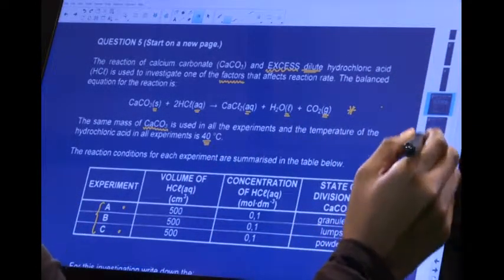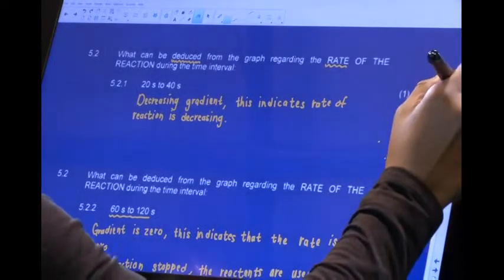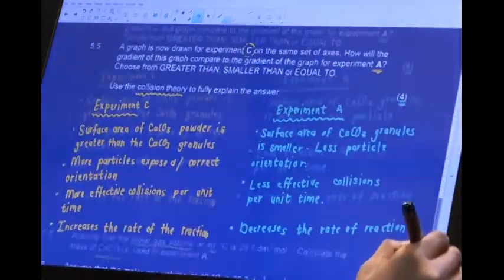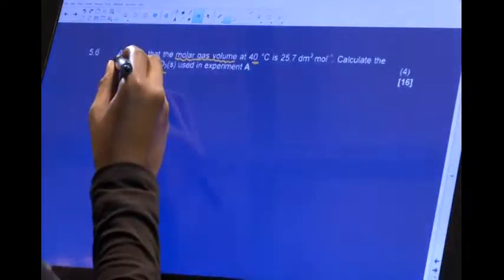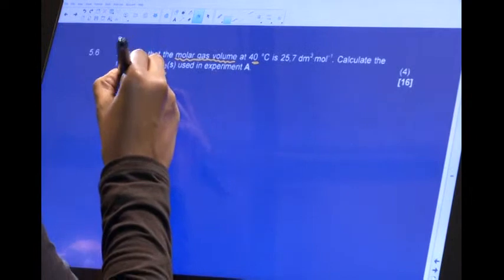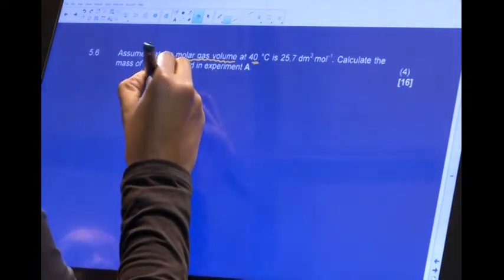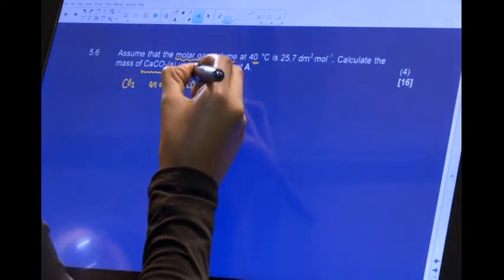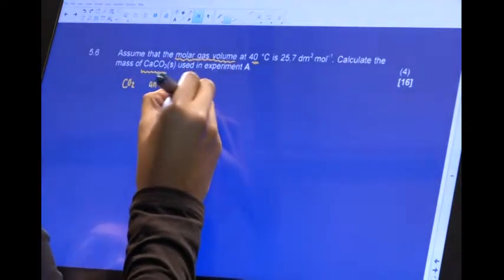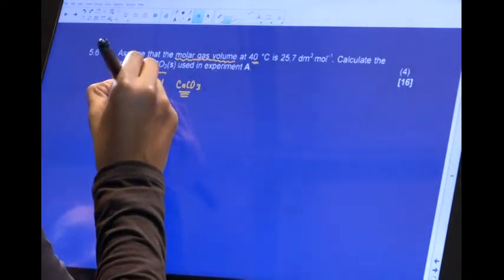So I'm going to take it from there. But now I need to use mole ratios between the two so that I can find my final answer. Just go up a little bit. There we are. So I'm going to use CO2 and I'm going to use CaCO3, right? Because I am looking for the grams of this, but I am given information for CO2.